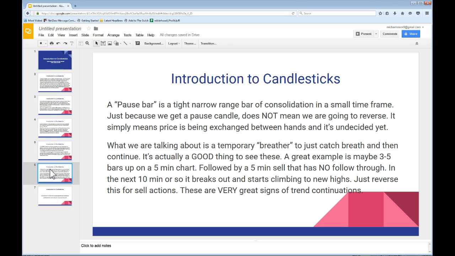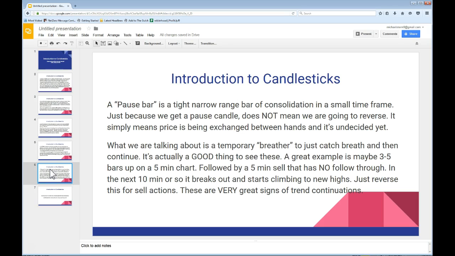A great example would be something like just 3 to maybe 5 bars going upward on a 5-minute chart. Maybe even stalling right at a little bit of a resistance level, okay? And then you're going to see maybe a 5-minute pause bar, all right? Maybe a 5-minute sell bar, but then all of a sudden it has no follow-through.